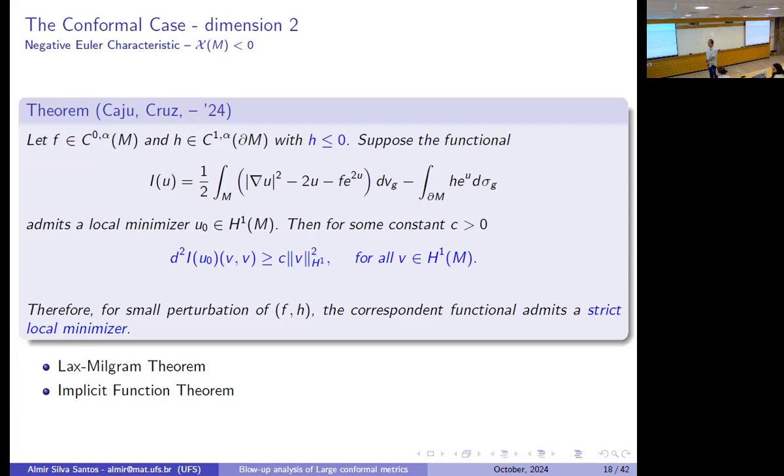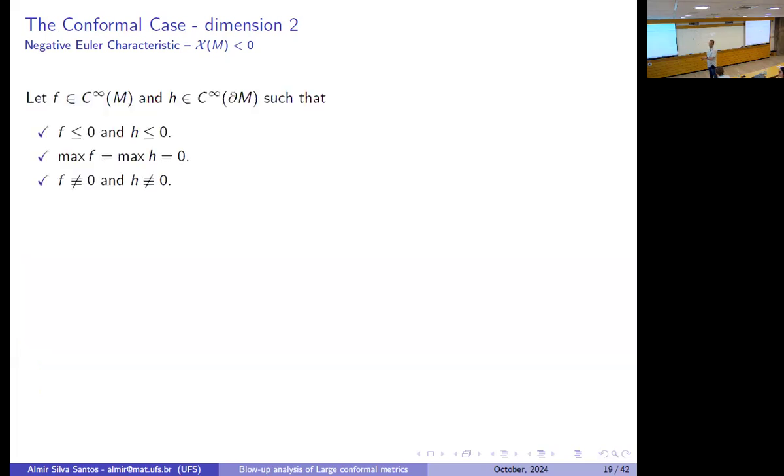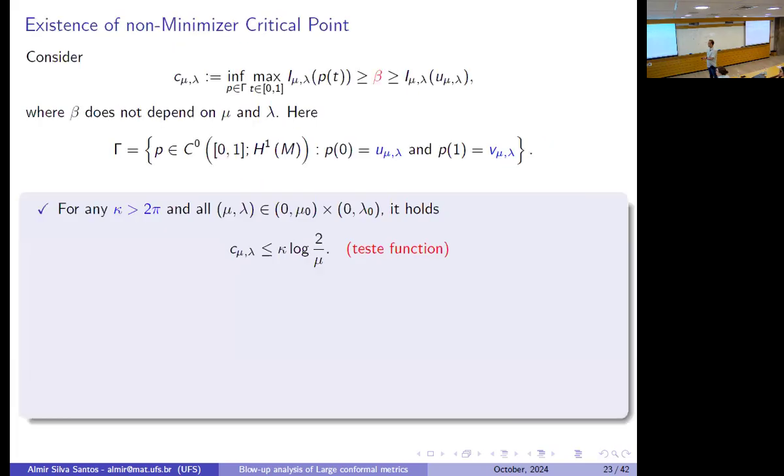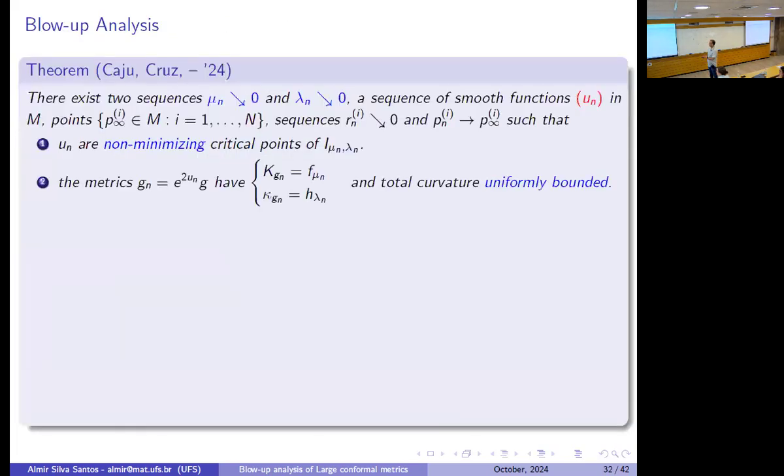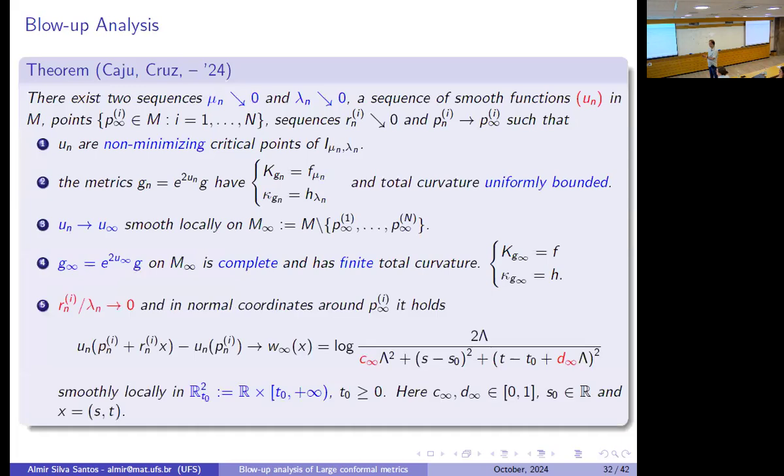What happens if you take into account more singular points? Because in the results you have maybe one or two or three. It's a consequence. We first prove that the number of blow-up points is finite.